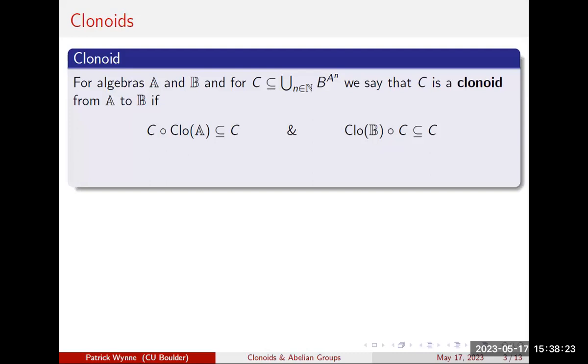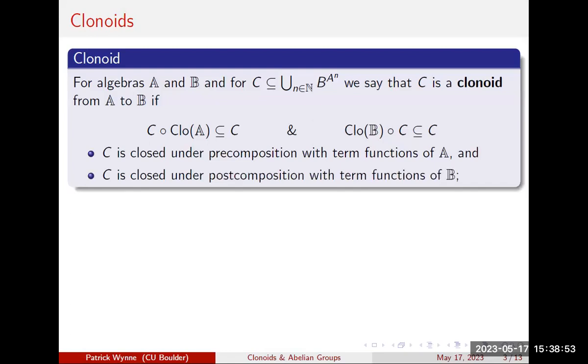First, if we first do operations of A and then do a function from A into B, then this new function that we get will remain in our clonoid. As well, if we first map from powers of A into B and then do some operations in B, this new function will again be in our clonoid. So I'll say that a clonoid is closed with respect to precomposition by the term functions of A, as well as postcomposition by the term functions of B.